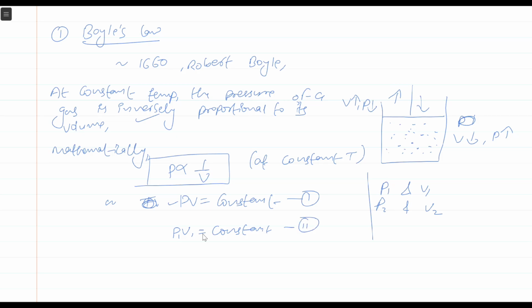This is equation number 2. And P2 V2 equals constant, when pressure is P2 and volume is V2. This is equation number 3. If we combine these two, there is a constant on the right hand side, so the left hand side will also be equal: P1 V1 equals P2 V2.